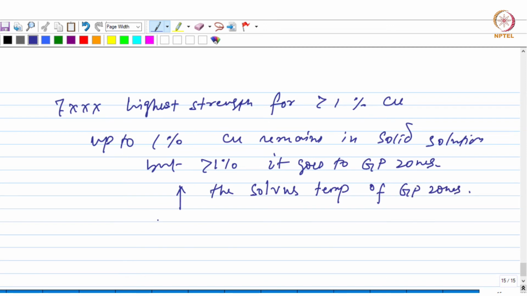And of course, as the aging continues, the copper atoms also join the precipitate that forms. And it also gives rise to a significant improvement in the stress corrosion resistance.